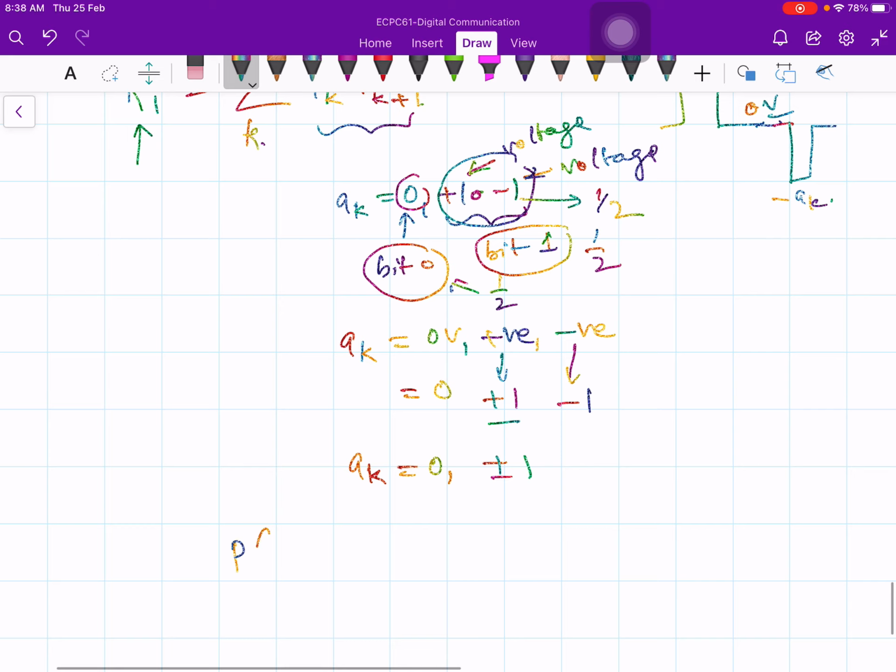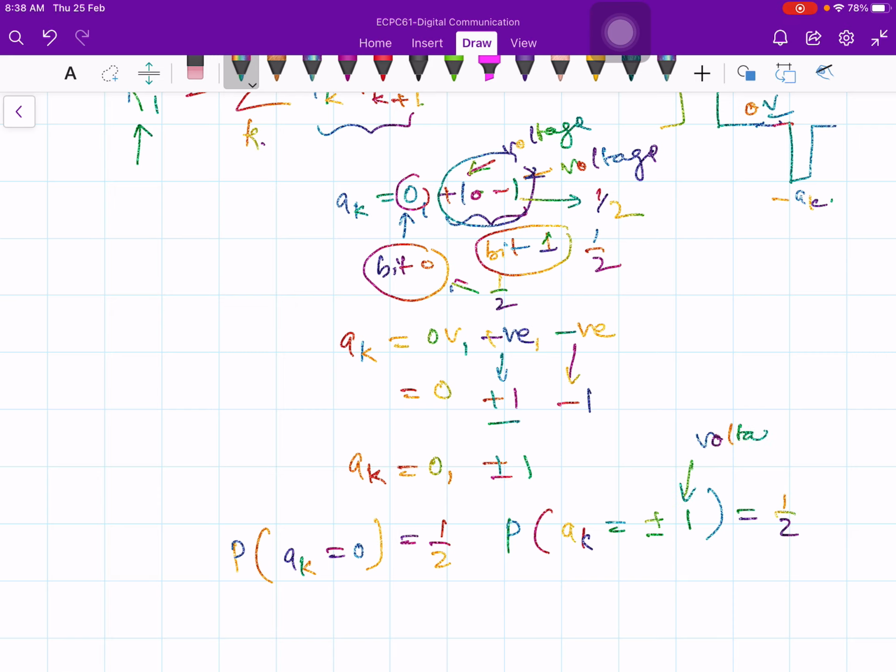So the next important point is that the probability of AK equal to 0 is half, and the probability of AK equal to plus or minus 1 is also half. Plus or minus 1 indicates voltage levels, and 0 indicates no pulse.